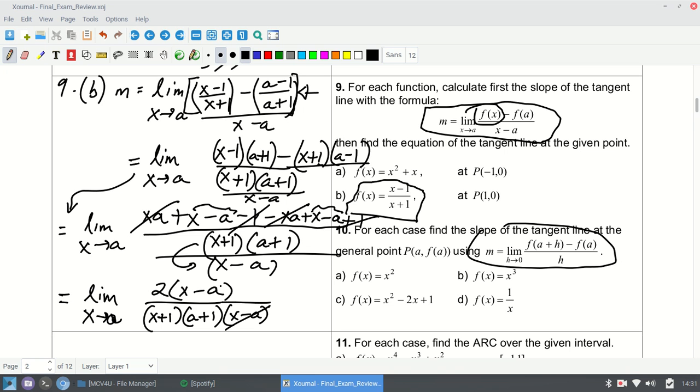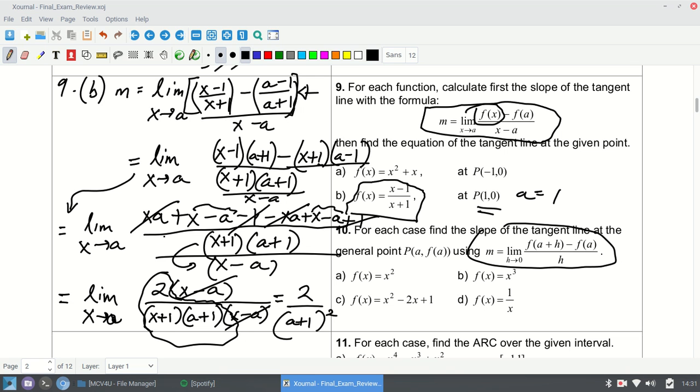The x minus a's are gone, and I get 2 over (x plus 1) times (a plus 1). Sub in x equal to a, and I get 2 over (a plus 1) squared. Simple as that.